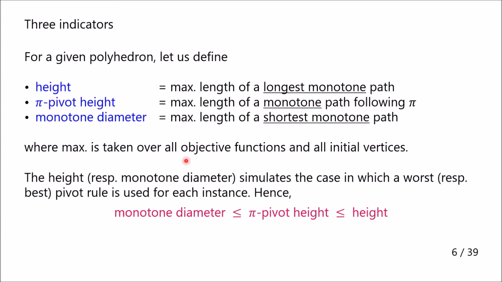And the monotone diameter is defined as the maximum length of the shortest monotone path. So the monotone diameter simulates the case in which we always choose the best pivot rule for each objective function and for each initial vertex. If we define the pivot height as the maximum length of a monotone path following some specified pivot rule pi, then we see that these three indicators satisfy this relationship, the sandwich.